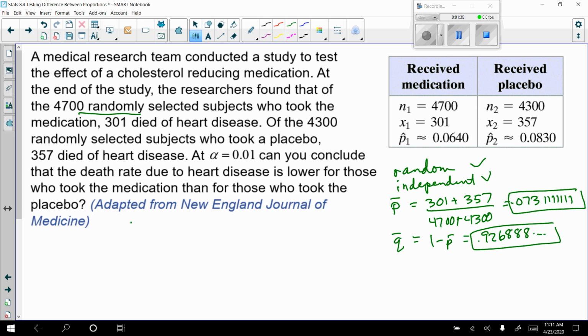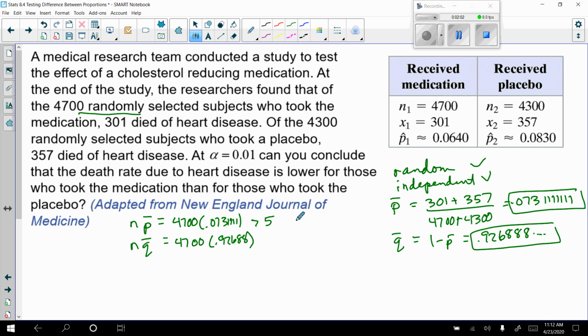And if I do N P bar, that's going to give me 4,700 times 0.0731111, which is greater than 5, and N Q bar, which is 4,700 times 0.9268888.